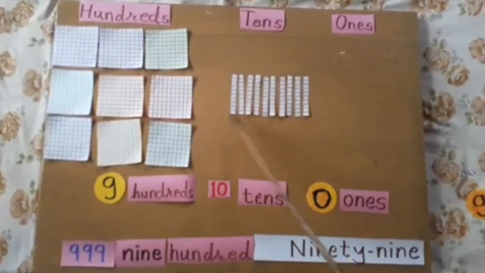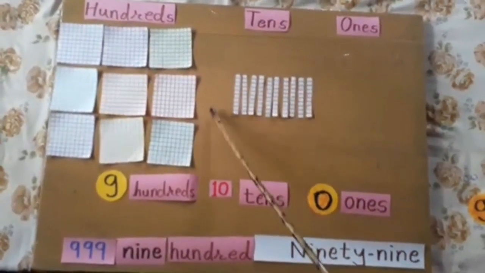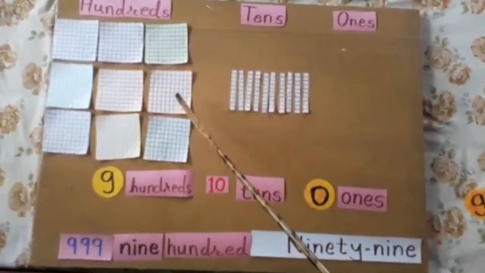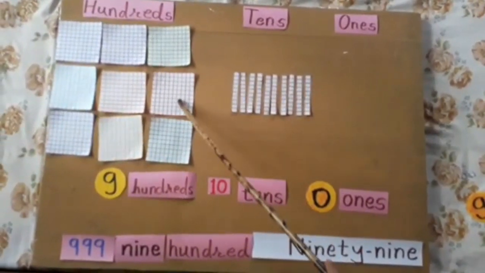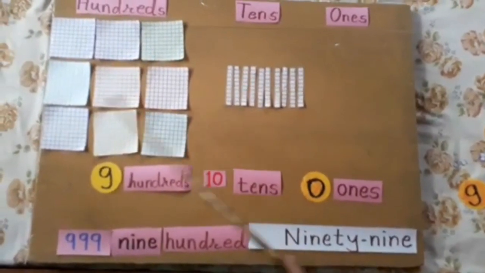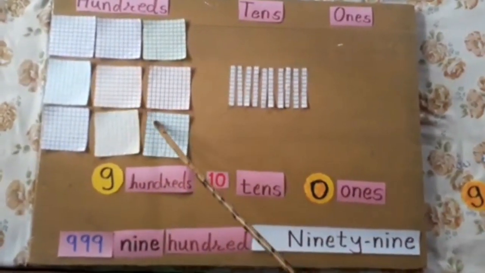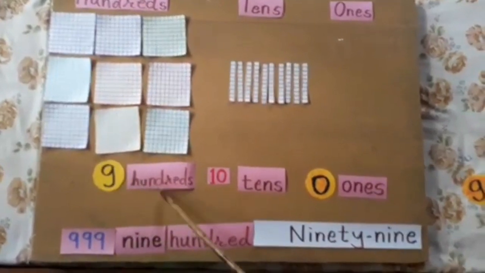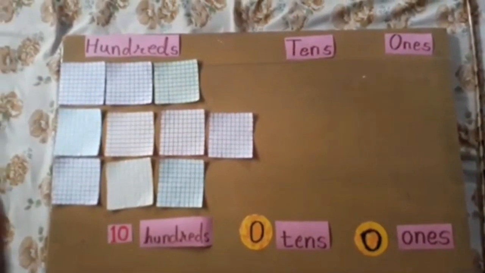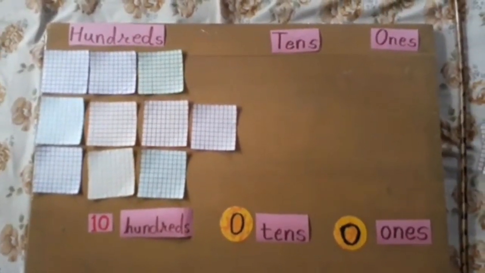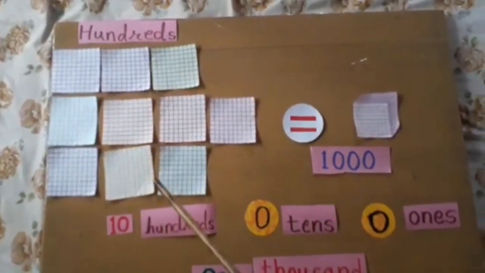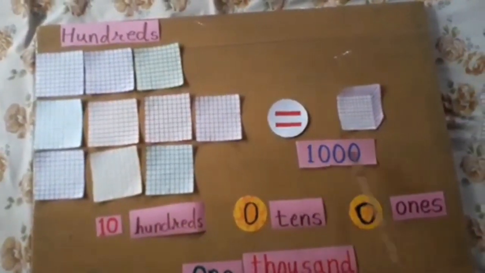So all these strips will convert into a 100 square. So we shift these 10 tens into the hundreds column, so it will become 0 tens, and in this 9 squares one more square will increase, so it will become 10 hundreds. So here it becomes 10 hundreds, 0 tens and 0 ones. These 10 hundreds will become 1000.